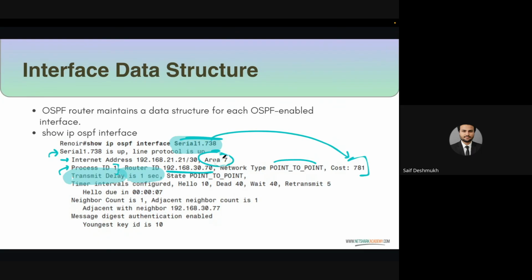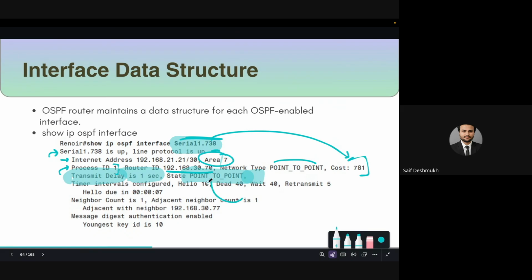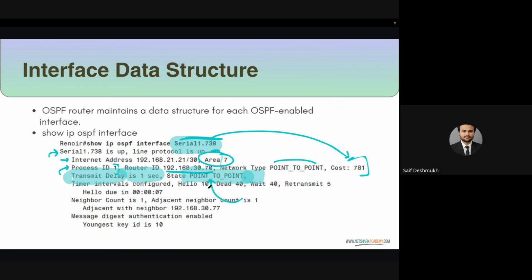So the state is point-to-point. And when I say link state, look at this. It's referencing the local link state, which is point-to-point, considering that the local interface is point-to-point. We have hello timer intervals configured.